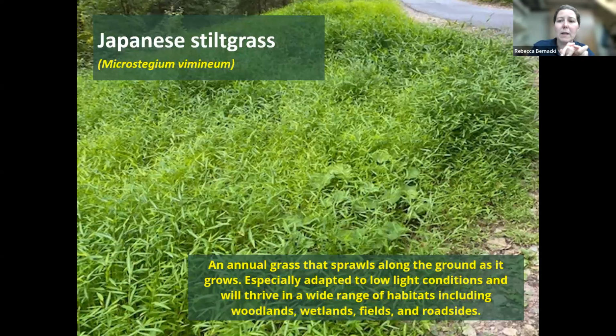So this picture is taken in a small HOA, and someone was building a new house in this area. A contractor from outside of the area had a trailer here with equipment on it that was parked. And what we suspect happened is that the contractor is probably working in an area outside of the region with Japanese stiltgrass in it. They got some seeds onto the tires of either that trailer or the equipment on that trailer.